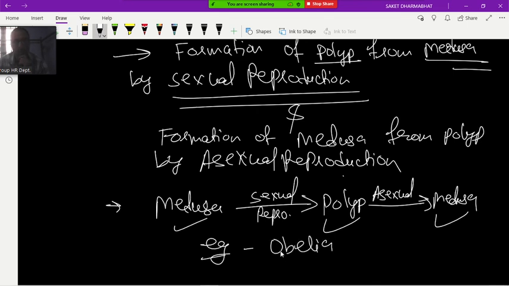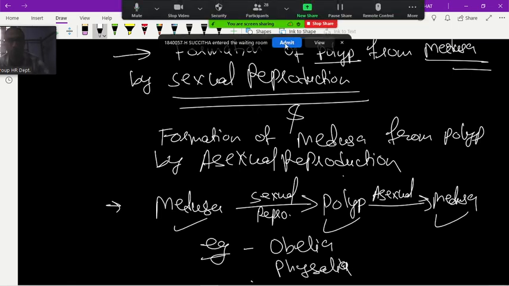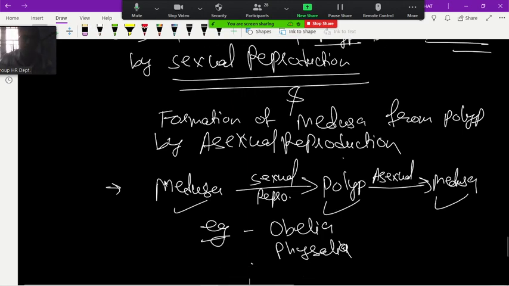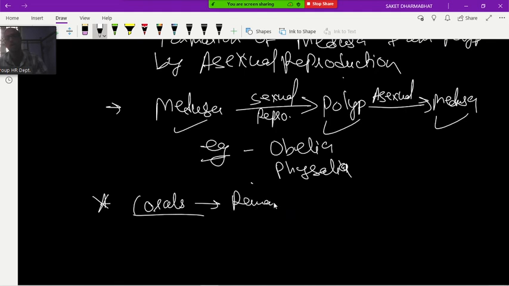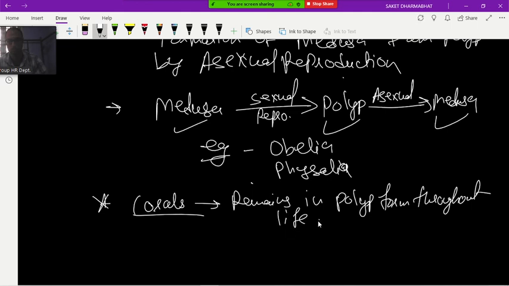Example: who are performing metagenesis? Obelia, Physalia. These are performing metagenesis. Clear up to here? But one thing I want to make clear: corals, no metagenesis. They remain in polyp form throughout life.